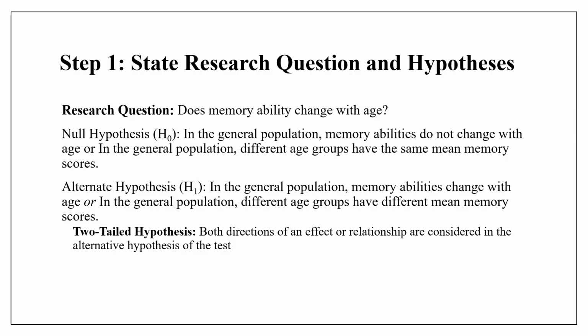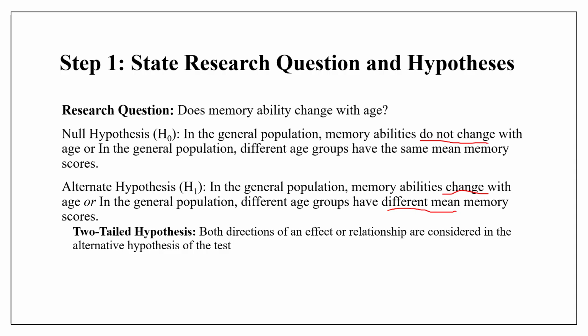So if we have, again, our research question, does memory ability change with age? An alternative hypothesis is, in the general population, memory abilities change with age. Or it could also be, in the general population, different age groups have different mean memory scores, meaning that there is a difference between them. The null hypothesis would say, in the general population, memory abilities do not change.